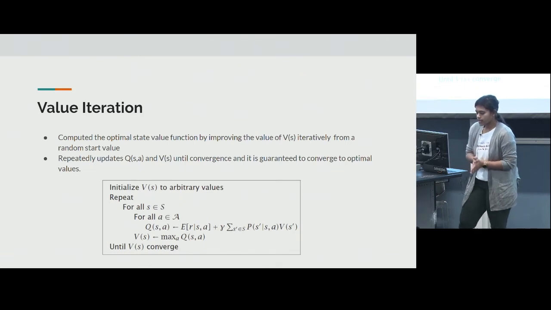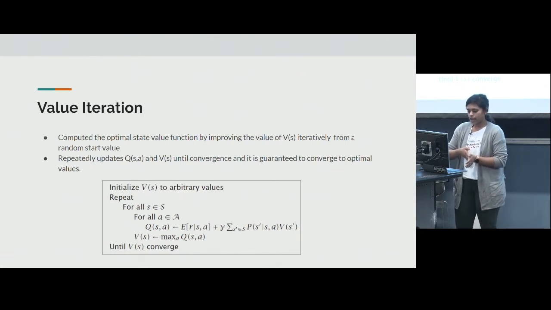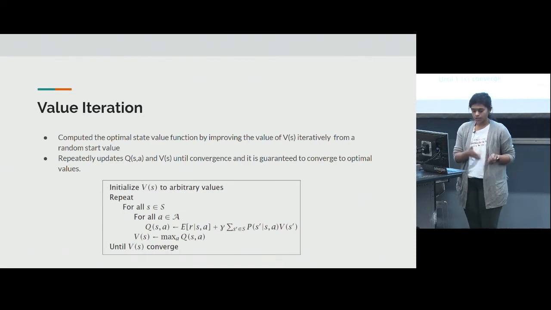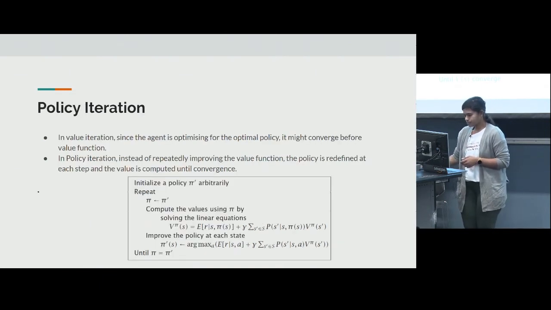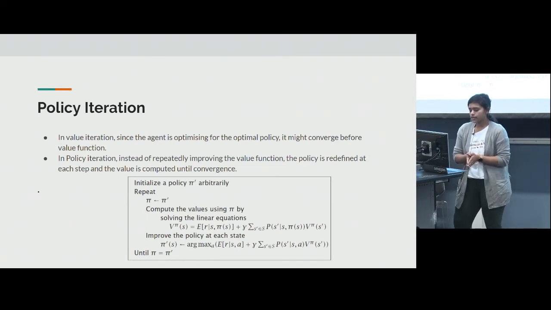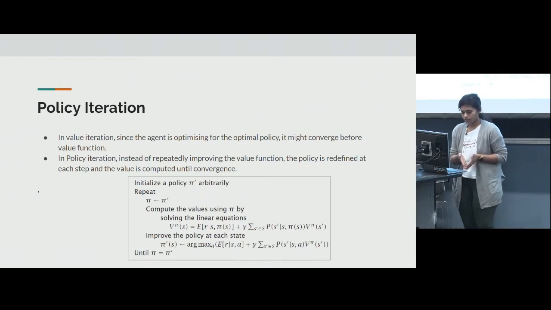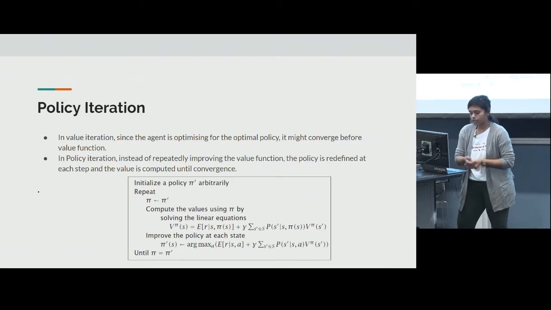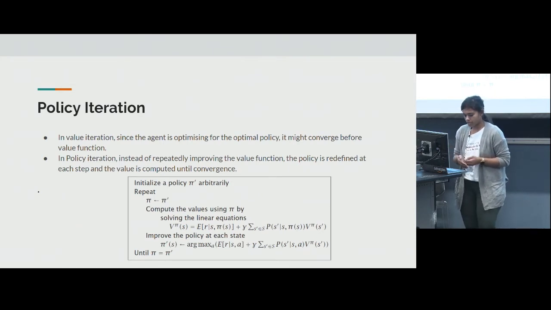And then policy iteration is a little different from value iteration, because when I was explaining value iteration, I told you that you start from a random value function and then find a new value function in an iterative manner until you reach the optimal value function. In case of policy iteration, it's a little different, because here you start with a random policy and then find a value function of that policy, and then you find a new improved policy based on the previous value function, and so on.